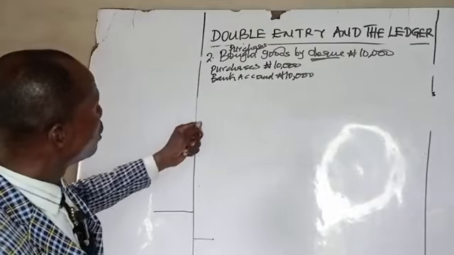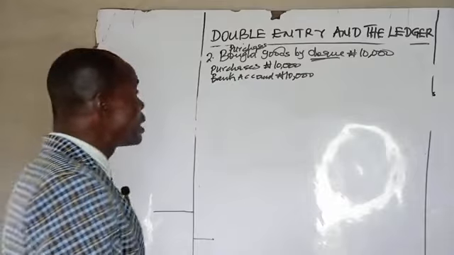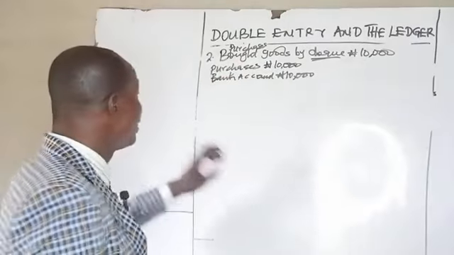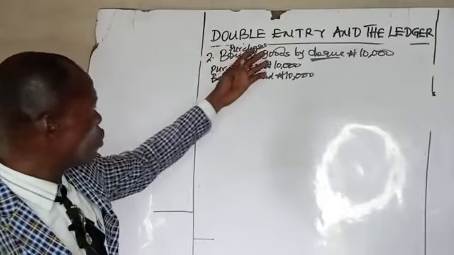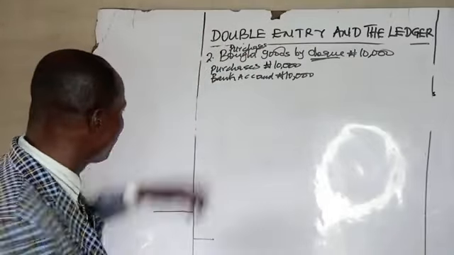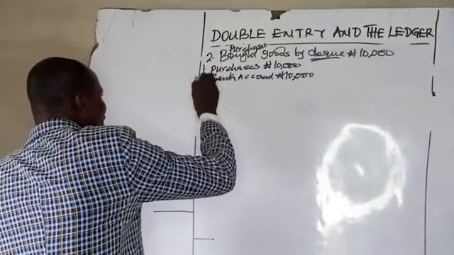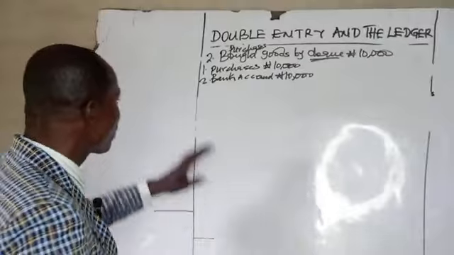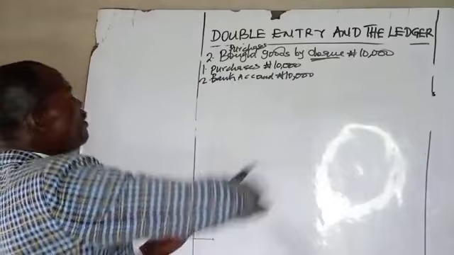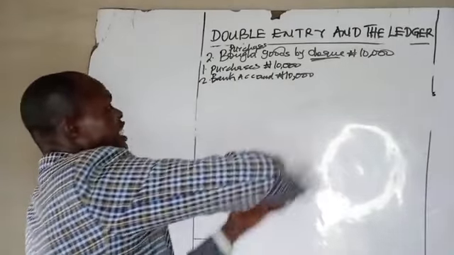Then you ask yourself, the double entry principle: we debit the receiver, credit the giver. When these goods are bought, which of the two accounts receives the value, and which one gives out? When goods are bought, you are giving out a check in payment.